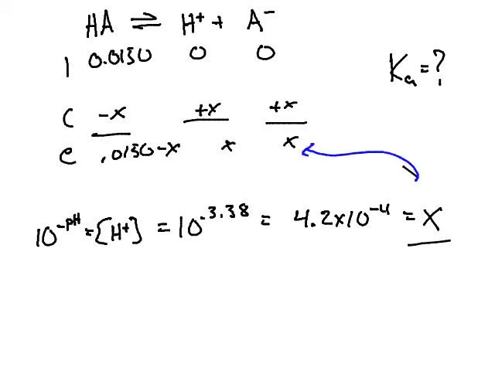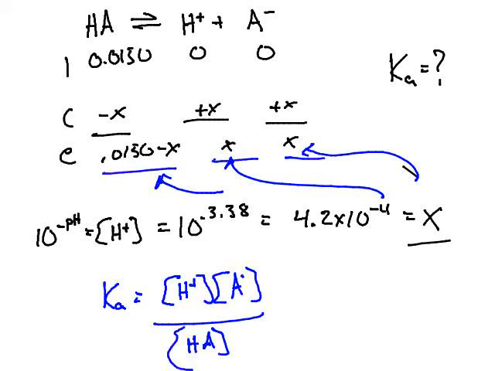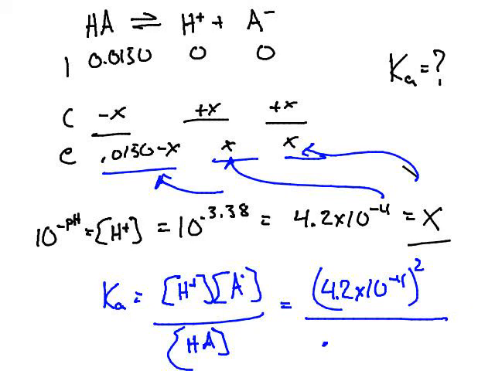If that's x, and you know x, we can do this because we know that if we take the Ka expression, which is the hydrogen concentration, times the A negative, whatever A might be, over HA, and we plug these in, we can solve for Ka. And that's what each of these terms are. So this is going to be equal to 4.2 times 10 to the minus 4th, and essentially it's x squared, so you square that, divided by 0.0150 minus the 4.2 times 10 to the minus 4th.